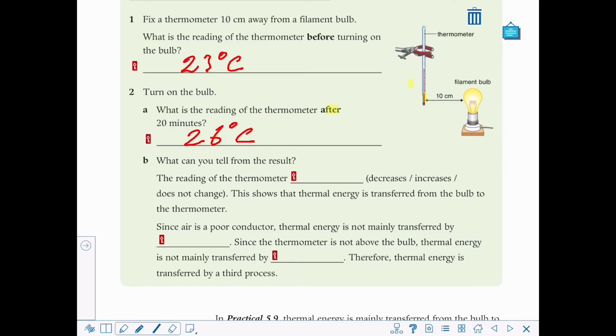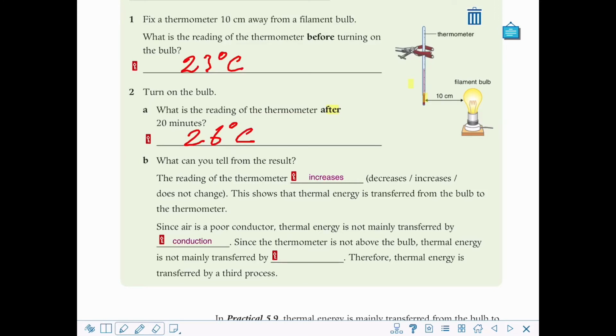The reading of the thermometer increases. This shows that thermal energy is transferred from the bulb to the thermometer. Since air is a poor conductor, thermal energy is not mainly transferred by conduction.